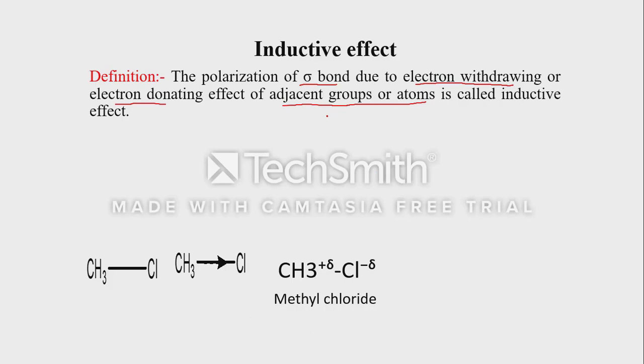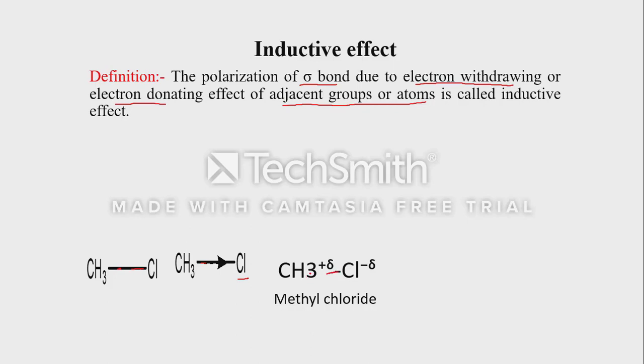Because the chlorine atom is more electronegative. These chlorine atoms are more electronegative, with electron withdrawing properties. Chlorine withdraws electrons, which means the electrons are shifted towards the chlorine atom, and it produces a polarized sigma bond. This is a sigma bond or covalent bond.